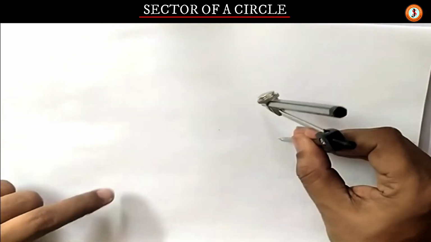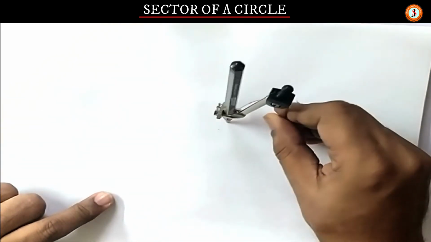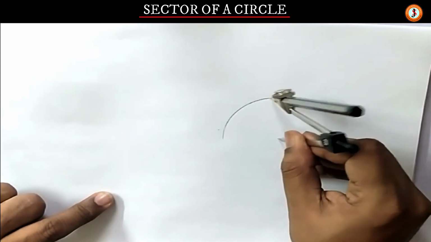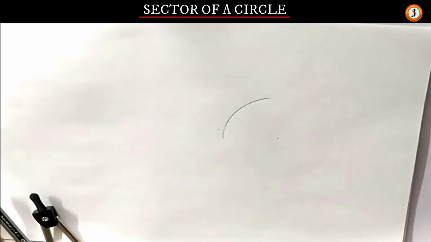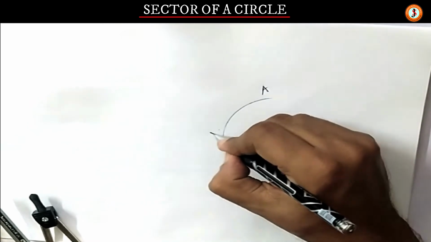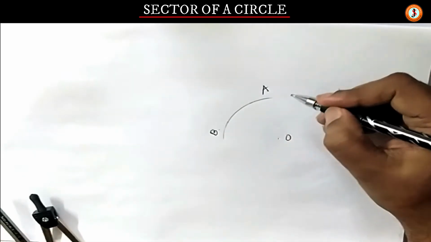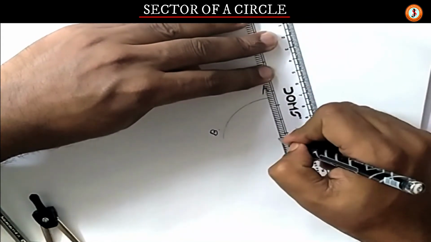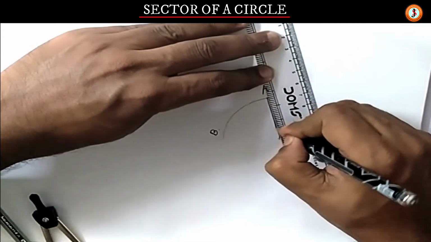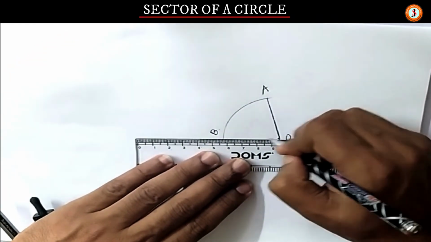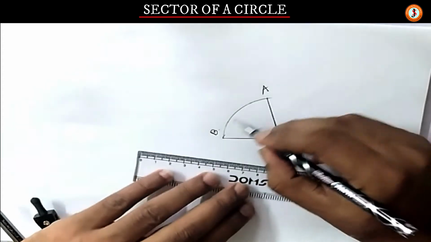How does it come? We suppose we say that a particular point A moves from A to B, making an angle, say for example 60 or 30 or X, making an angle X. So the movement of the compass is restricted over here, and it is making an angle 60.